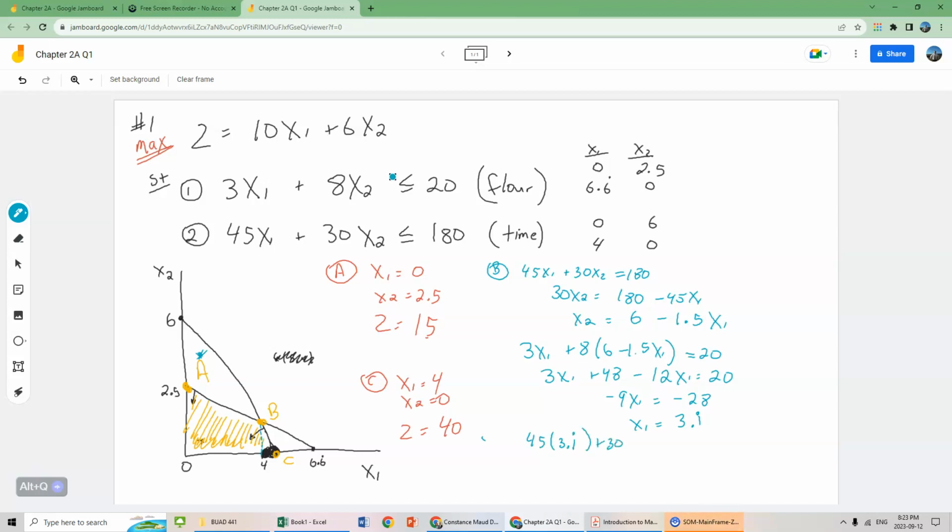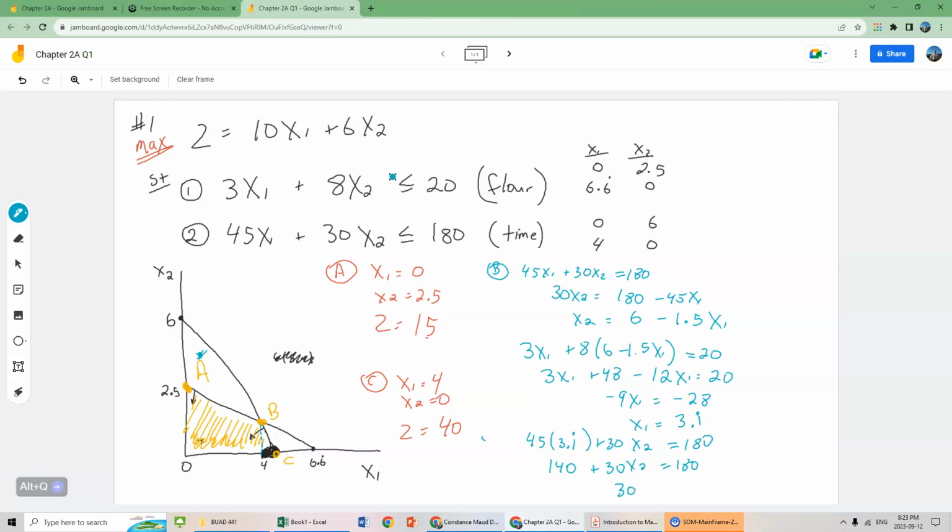plus 30x2 equals 180. 45 times 3.1 repeating, if we simplify that decimal, we get 140 plus 30x2 equals 180.